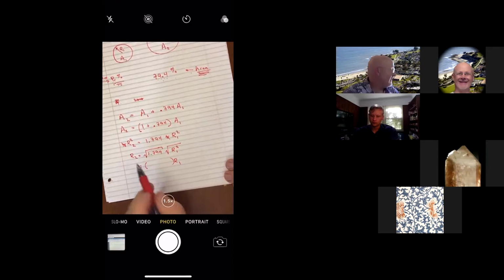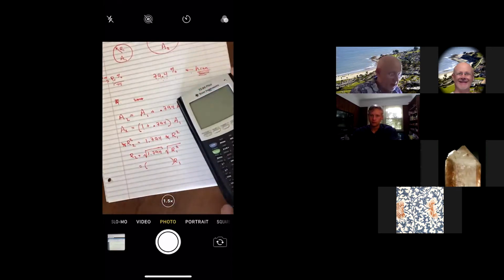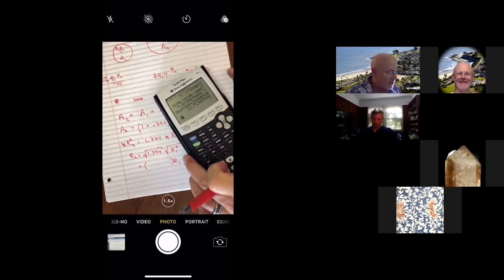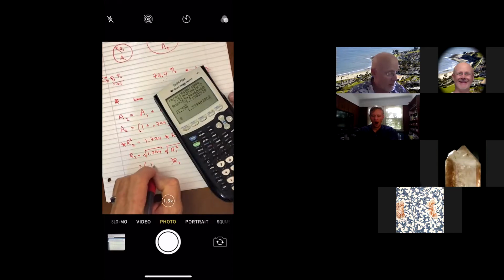And this would give me that factor of how much bigger the radius is. So if I grab my calculator and go the square root of 1.794, I would get 1 point, and maybe I should do 3 decimals.